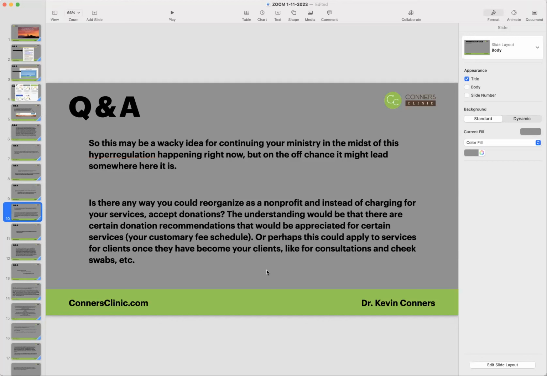portals of government that come after clinics like us are medical boards. So the medical boards are basically not regulated.